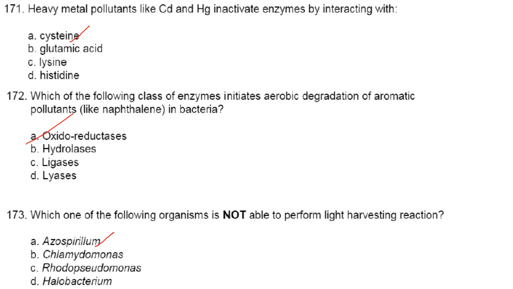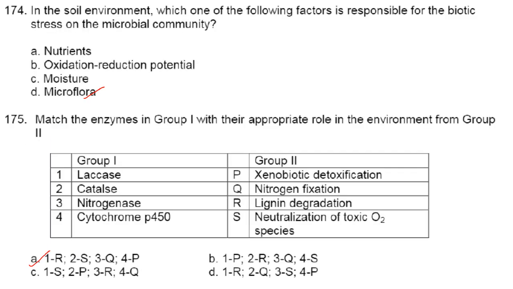Which of the following organism is not able to perform light harvesting reaction? So answer is option A, Azospirillum. In the soil environment, which one of the following factors is responsible for the biotic stress on the microbial community?